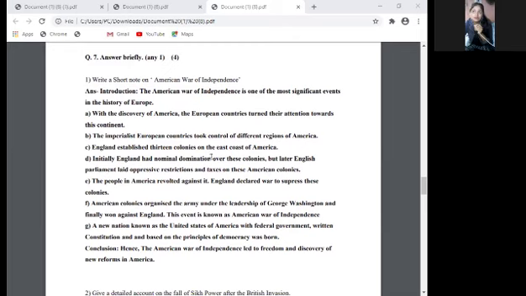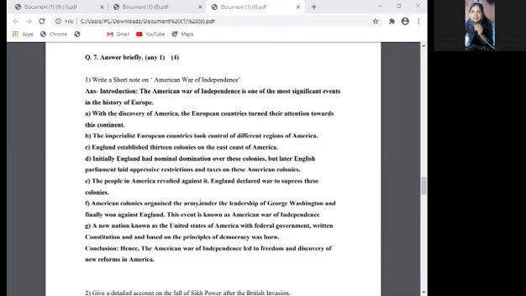Initially England had nominal domination over these colonies, but later English Parliament laid oppressive restrictions and taxes on these American colonies. And the people in America revolted against it. England declared war to suppress these colonies.